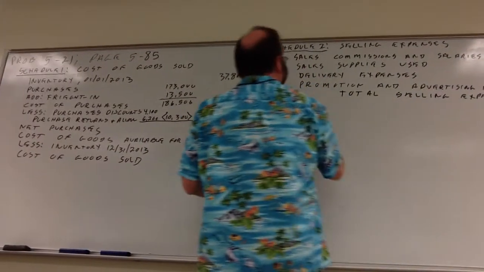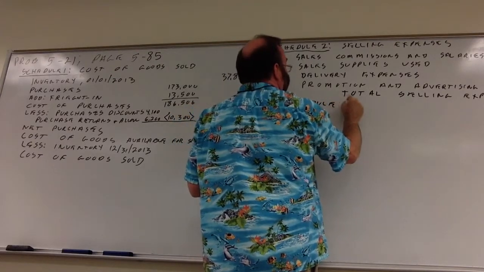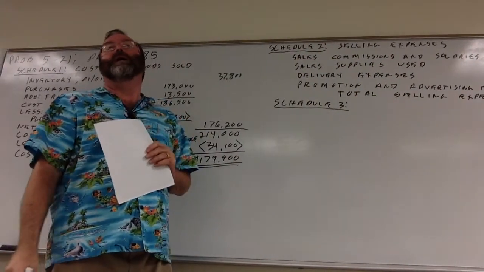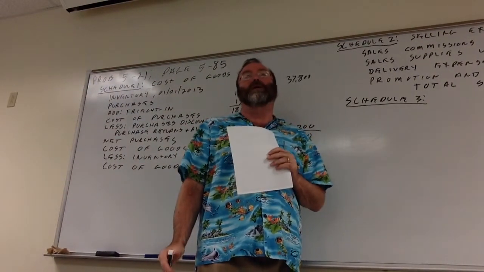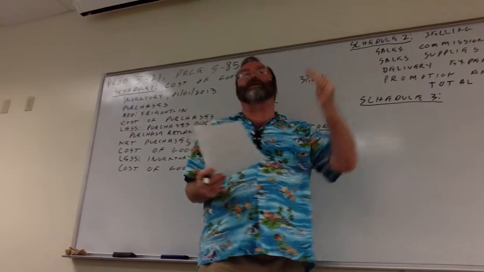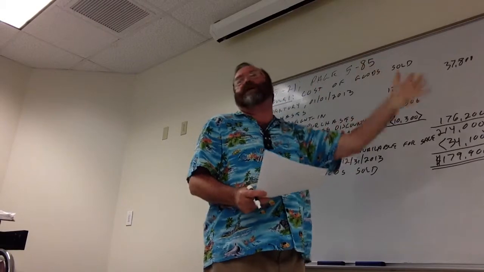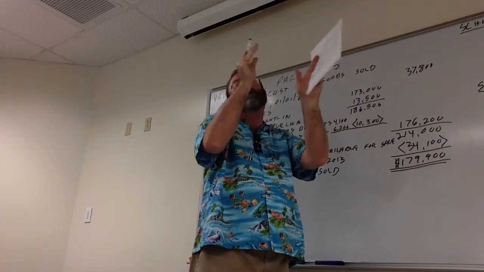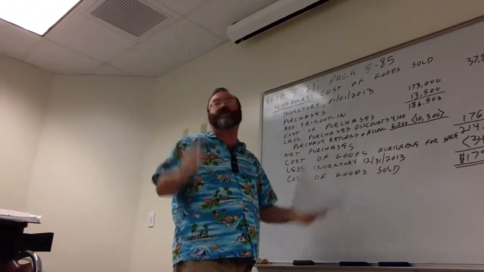Schedule 3. It's to declutter the actual financial statement. It's breaking it down. Otherwise, we would be going along: gross sales, less sales returns and allowances, less sales discounts, net sales, and then we would have cost of goods sold, and then inventory as of January, and you'd put all this stuff on the main income statement, and it would be cluttered.